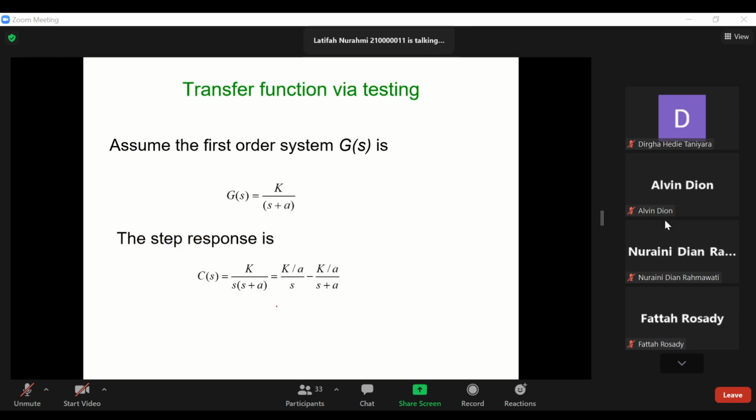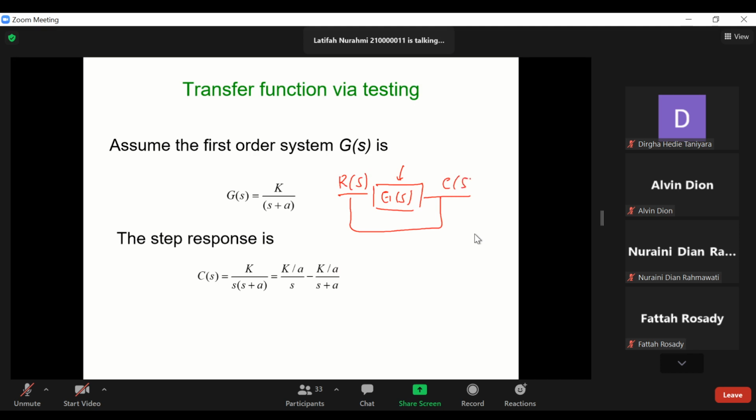So now, if you have a transfer function, let's say it is simply like this. So this is your transfer function here. We call it the T(s), so don't be confused. And here is our input, R(s), and here's our output.